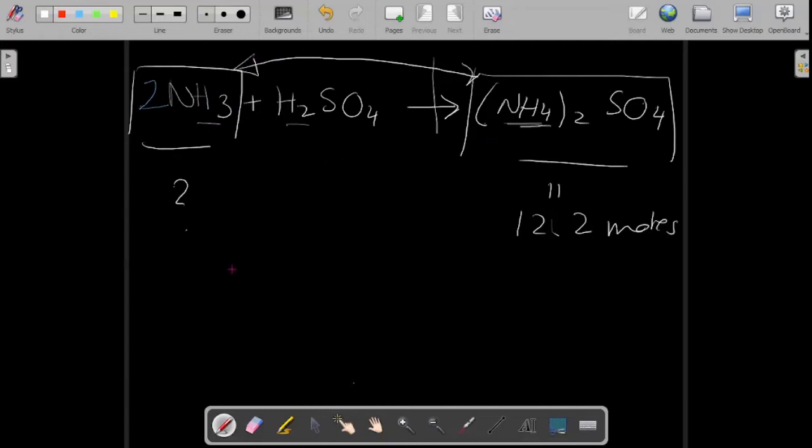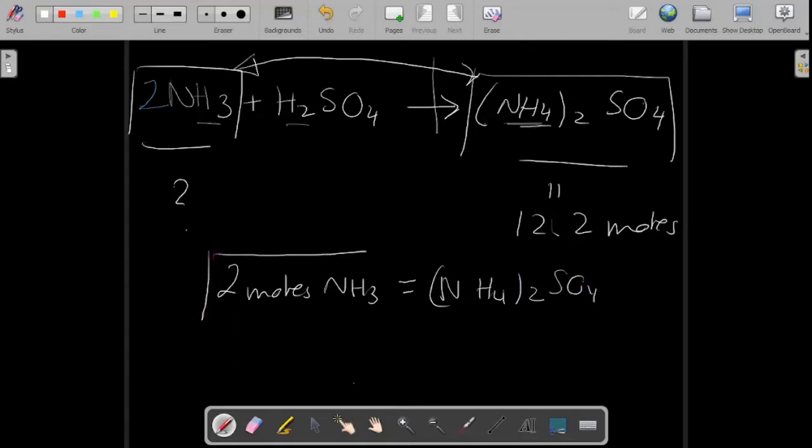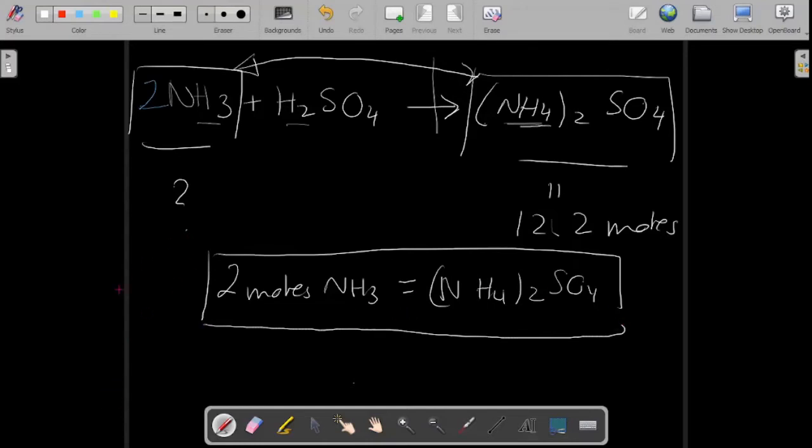So let's write this down. 2 moles of the ammonia will produce 1 mole of the fertilizer. I'm not going to put the 1 there, although you could if you want to. This is how those two things are related. This is the factor that relates the two things. We're going to be using this to do stoichiometry. Now, anytime that you have a problem like this, you start with whatever they give you.